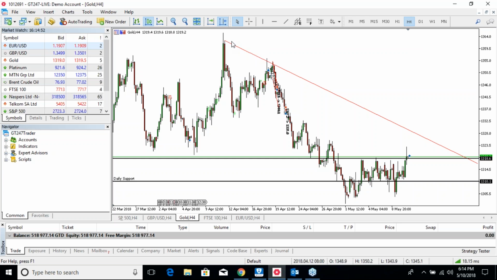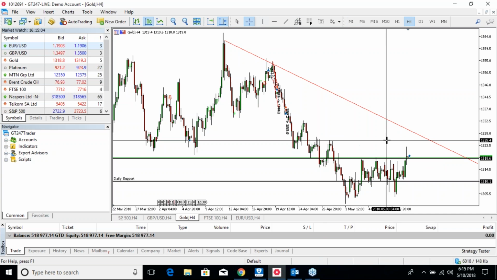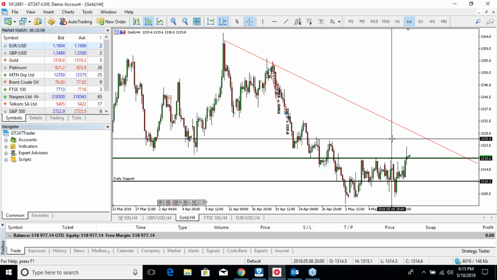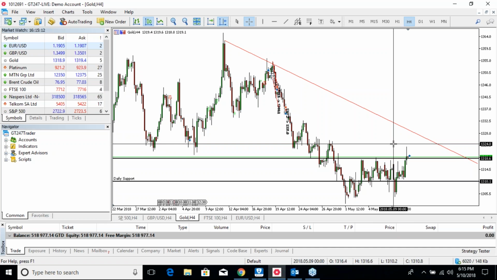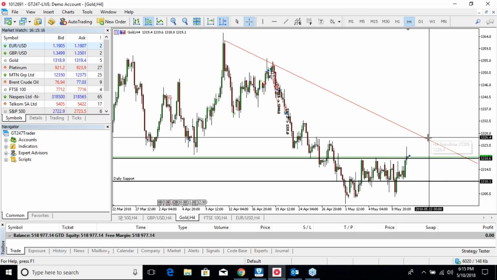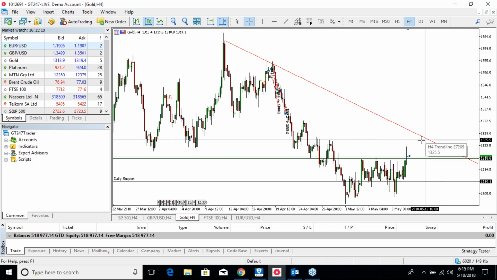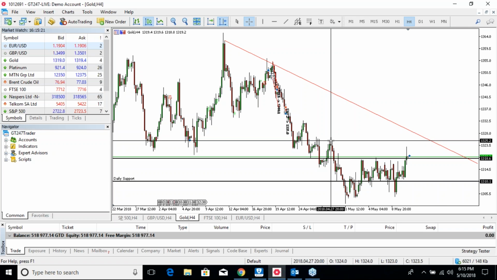And because of the red trend line, if you see it, there's a possible movement for this to get up to 13.25. That will be our take profit for this particular trade. The reason I say 13.25 is, number one, it's a resistance level.